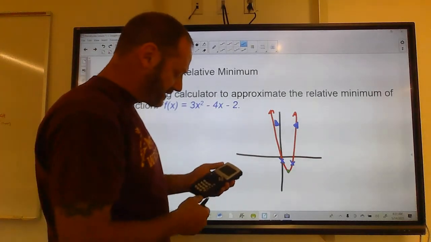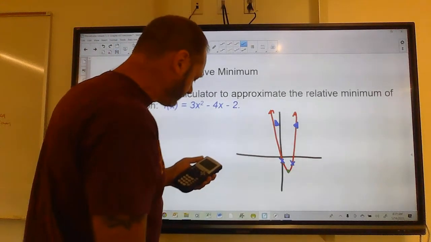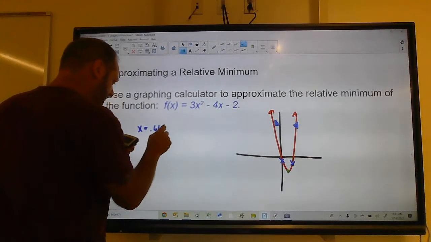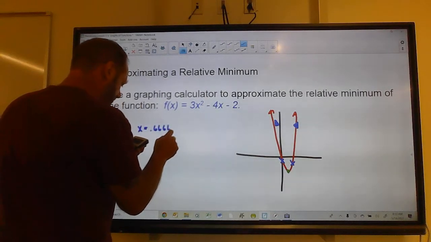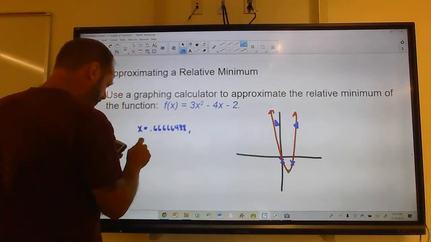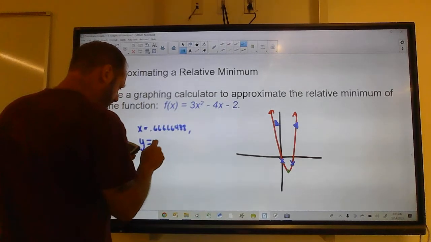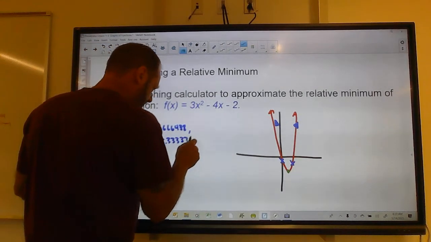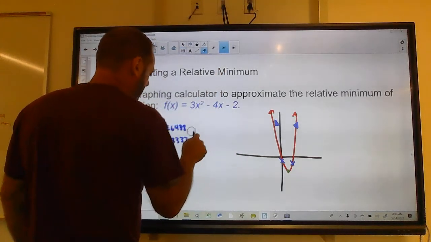And then it says guess, and go ahead and hit enter again, and it tells me x equals 0.66666488, and then it says y equals negative 3.33333. Okay, so what does that mean?